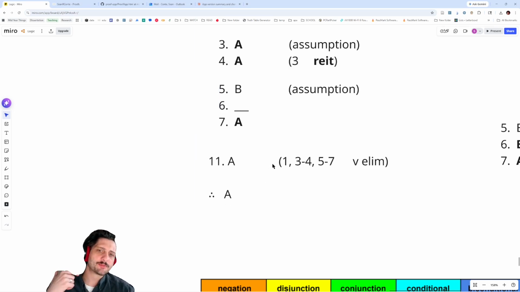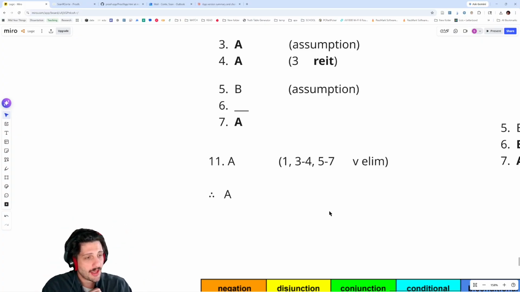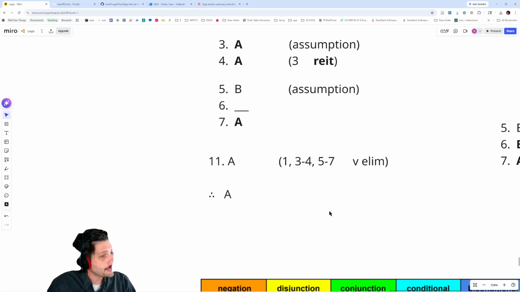So let's put it like this. If we were to bounce back to our truth tables, right, and we were to treat a contradiction as our premise, there would be no way in which we could make that premise true, the contradiction true, but the conclusion false. What that means is literally anything follows from a contradiction.